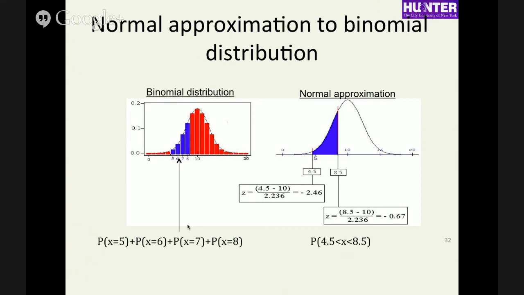If you look at this plot, here's that example of n equals 20, probability of 0.5, and the binomial distribution probabilities of each number of successes, with 10 being the most probable.